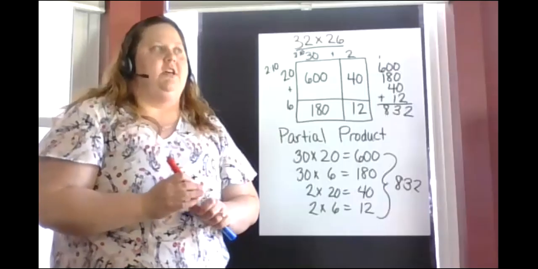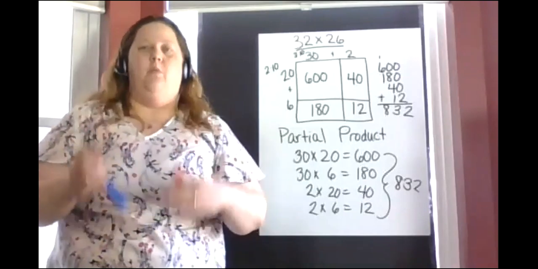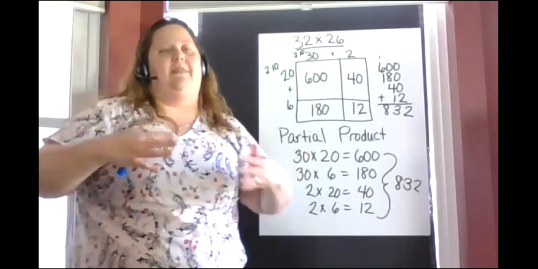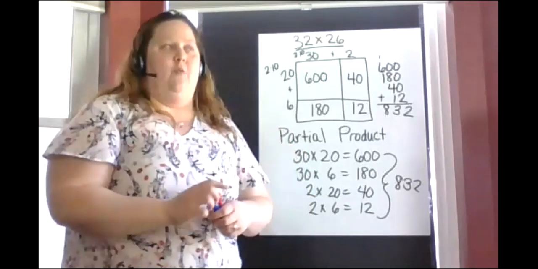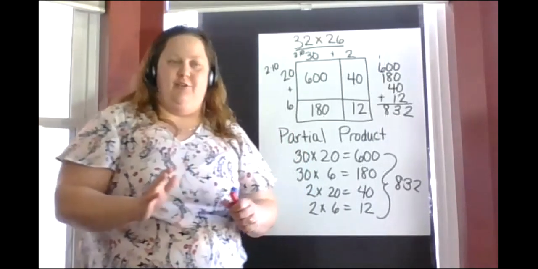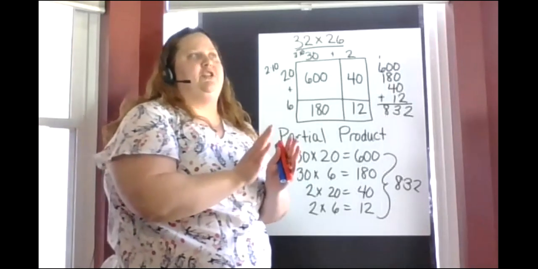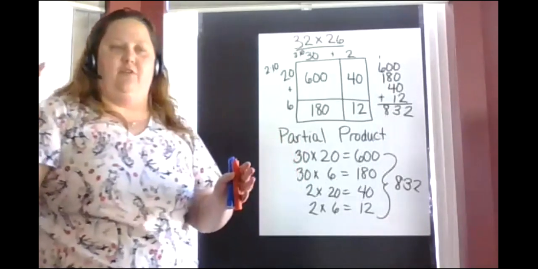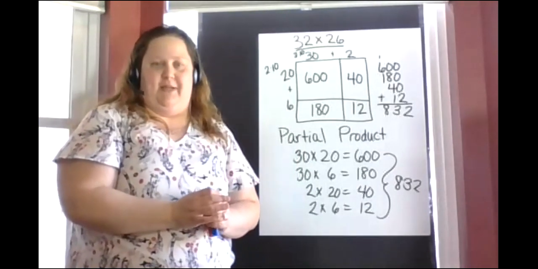Great question. So my thought on that is we want students to know those facts, right? Like that is something we want them to know. However, we know that not all students are going to learn those facts at the same rate that others do. And so we don't want to impede their future learning because they're still stuck on their single digit multiplication.